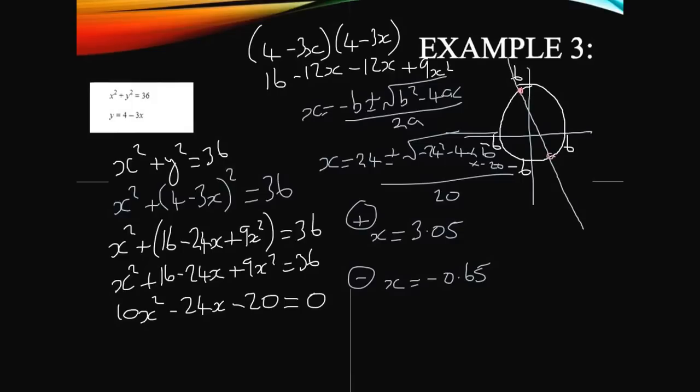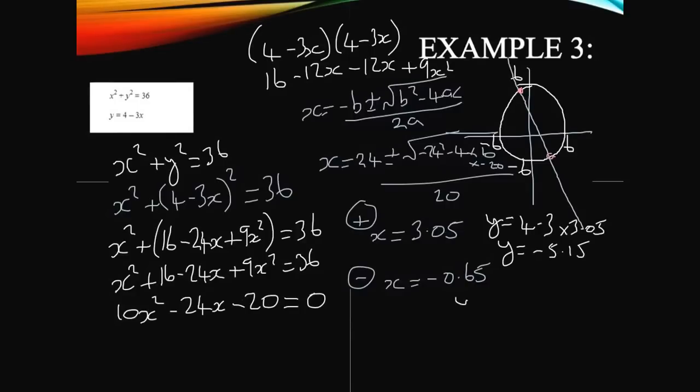What we need to do now is substitute back in and find our corresponding y values. So when x is 3.05, we can say that y equals 4 minus 3 lots of 3.05, and again I can do that on my calculator, so 4 minus 3 times 3.05 is going to give me minus 5.15.